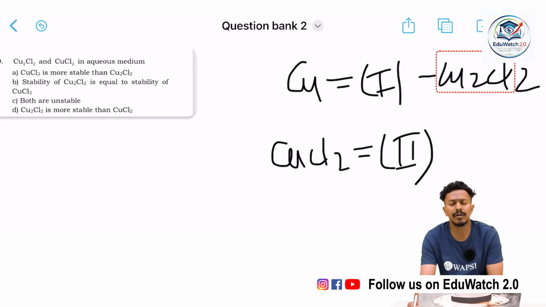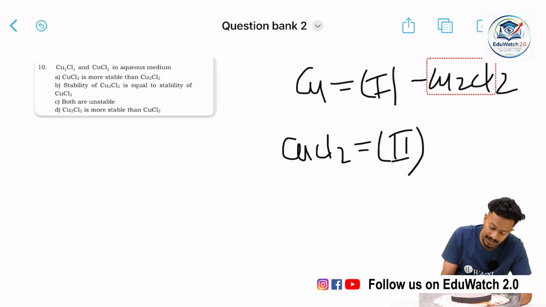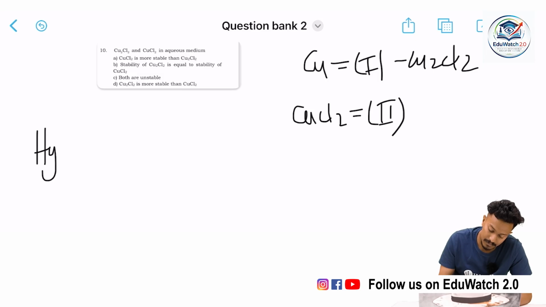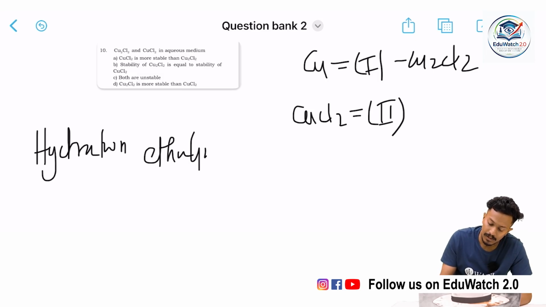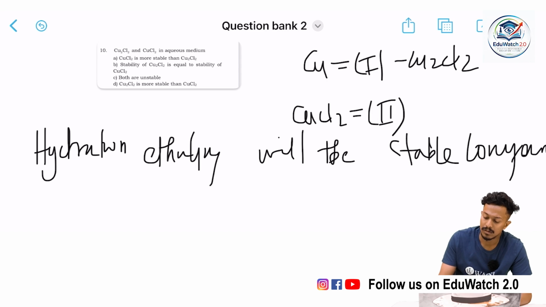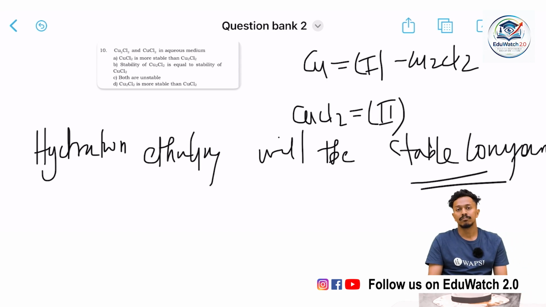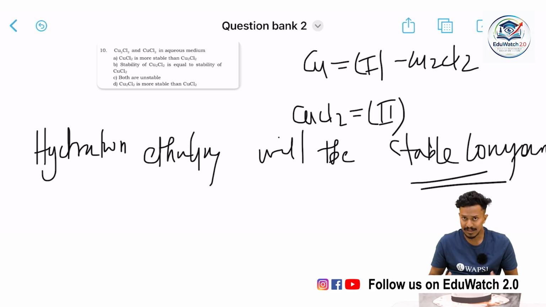Have you ever heard of the term hydration enthalpy? The more the hydration enthalpy, the more stable the compound. How could we explain the hydration enthalpy along with the oxidation state? We could always say that the smaller the size, the larger the hydration enthalpy, and the more stable the compound.